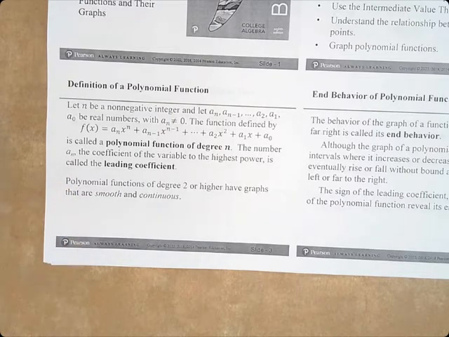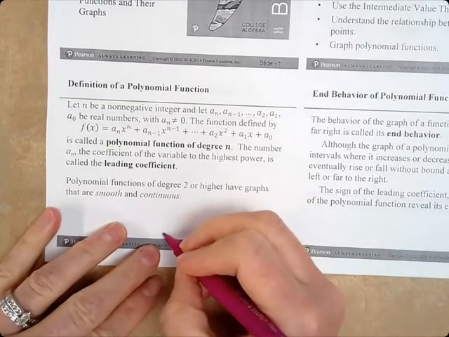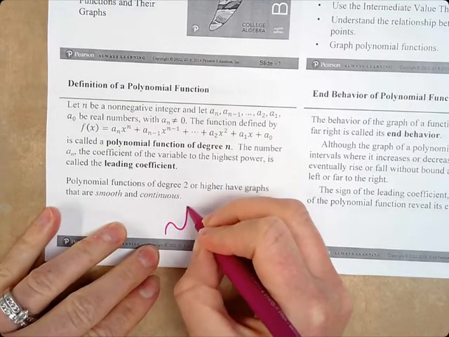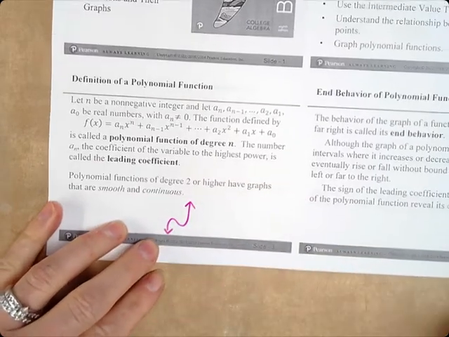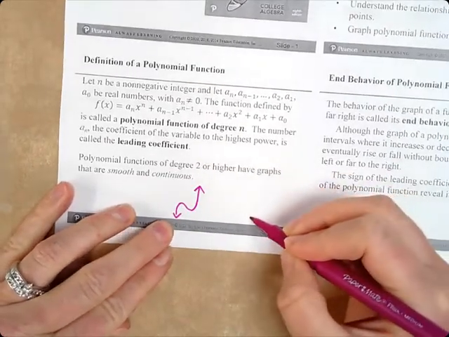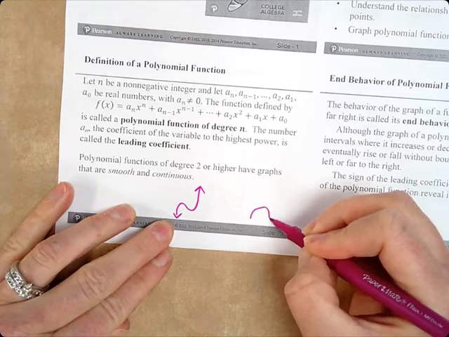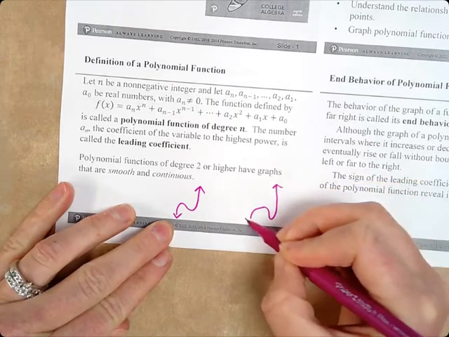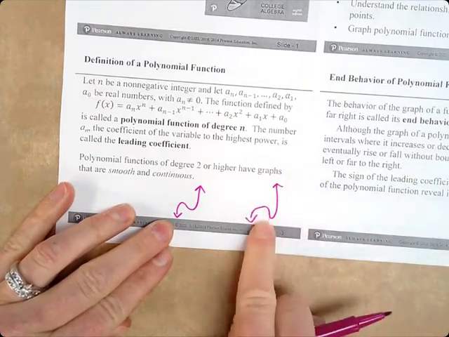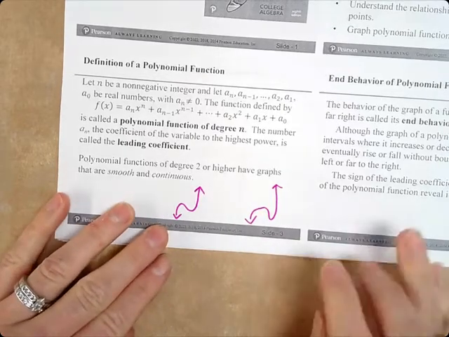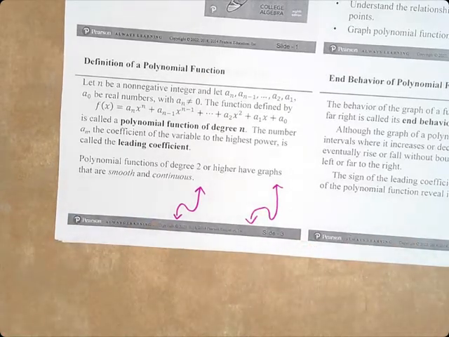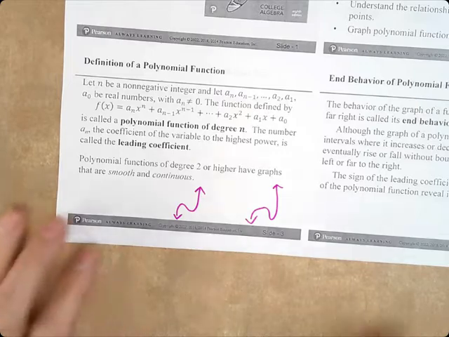So these polynomials of degree 2 or higher have smooth and continuous graphs. So an example would be like this, or it could be like that, where they have this kind of crazy looking thing right here. And it doesn't have to be symmetrical, but it is smooth and continuous.